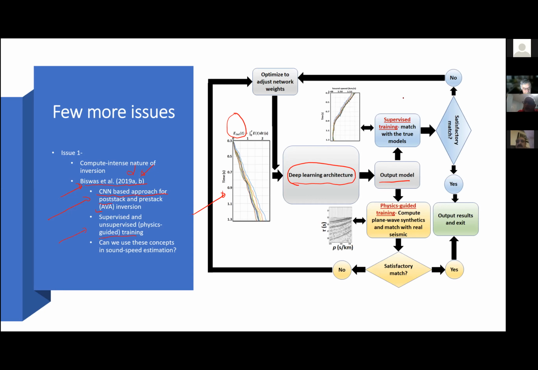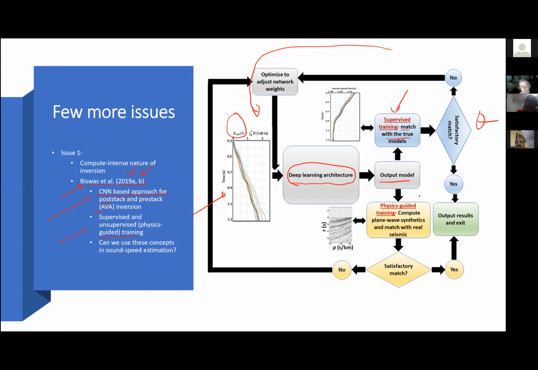In supervised training, we can match the model output from the network with the true models, for which we run GA inversion at those locations and assume those are the true models. You put in back propagation, the standard technique in neural networks, until you get a satisfactory match.